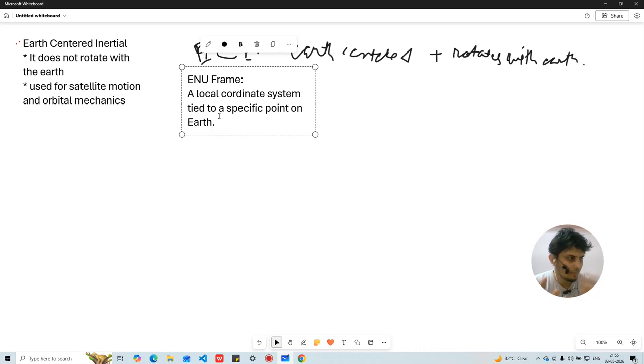We are not interested in where it is used. We are more interested in what the structure of this coordinate system is. So let me find some interesting images. Let's see if this one explains something. It's the same thing. First of all, what's the full form of ENU?